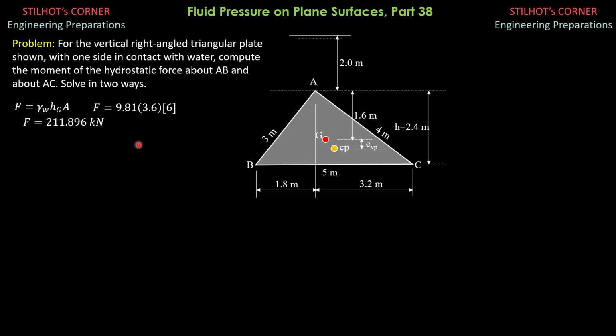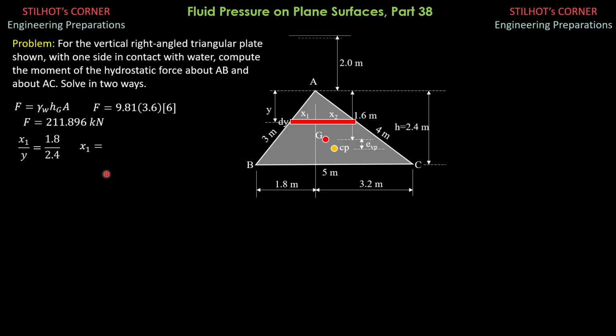another way is by integration to solve for F. We have to consider that horizontal strip, then call this x1 and x2, the total length as x sub t. By similar triangles, we call this distance y. So x1 is to y as 1.8 is to 2.4.